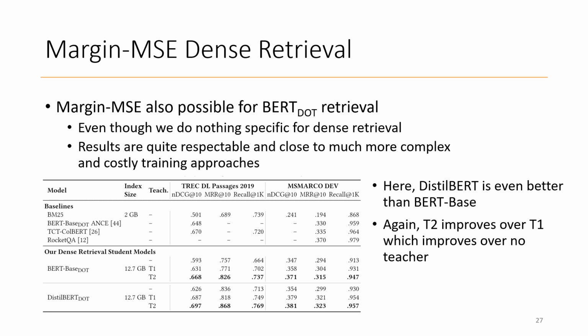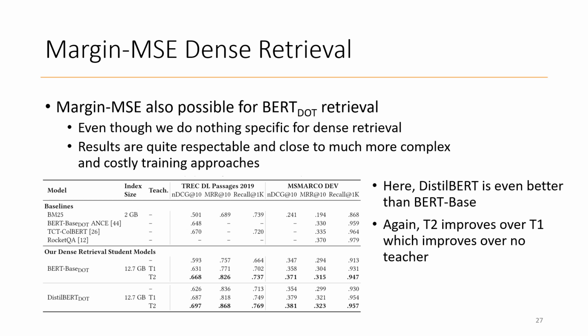When applying Margin-MSE in the dense retrieval task, coming from a full collection, we show it's also possible and produces pretty good results, even though we do nothing special for dense retrieval training at the moment. So we train BERTDOT in this case as a re-ranking model, but then use it as a full collection dense retrieval model.